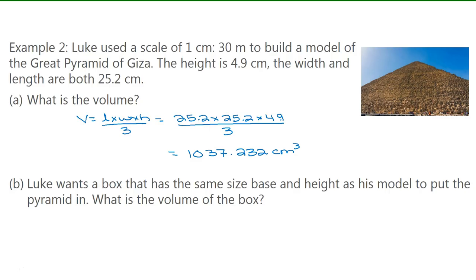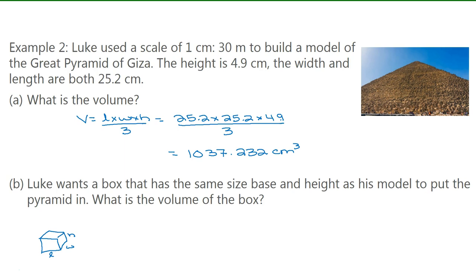Now part B says Luke wants a box that has the same size base and height as his model to put the pyramid in. What is the volume of the box? So he's going to build a box that has the same length, width and height as his pyramid. Now we don't need to use a formula.